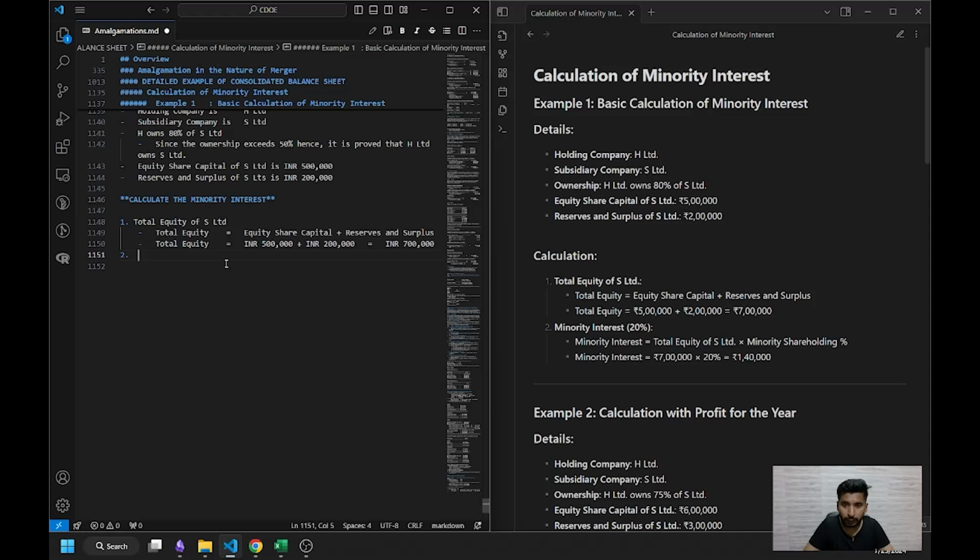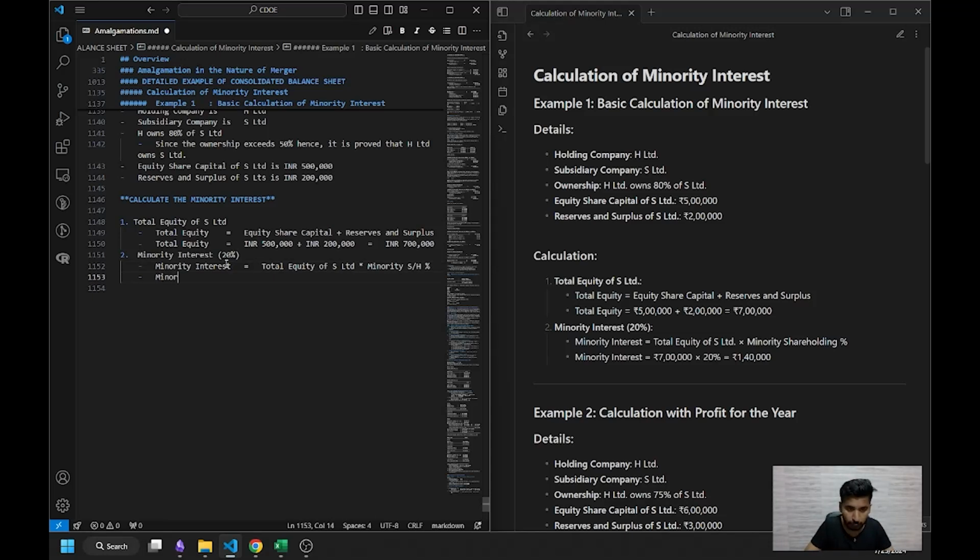And moving ahead with the minority interest of 20%. Minority interest equals the total equity of S Limited multiplied by minority shareholding percentage.